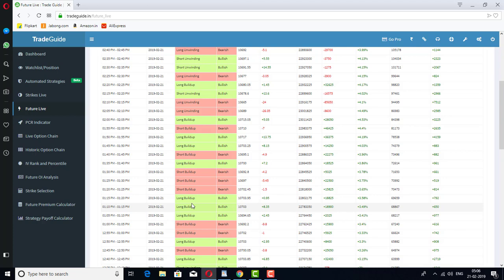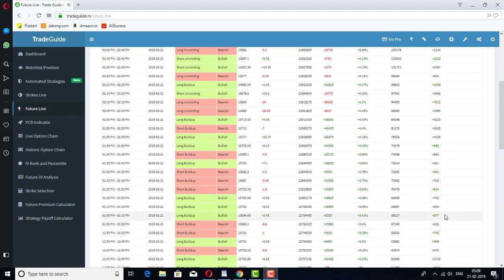To square off my buying position, I have to sell at a higher price, and this selling results in a bearish trend. So that is long unwinding. At the time of long unwinding, the open interest decreases and the premium also decreases. That has a bearish trend, and it is represented in red color over here. You can see long unwinding in red color and long build up in green color.